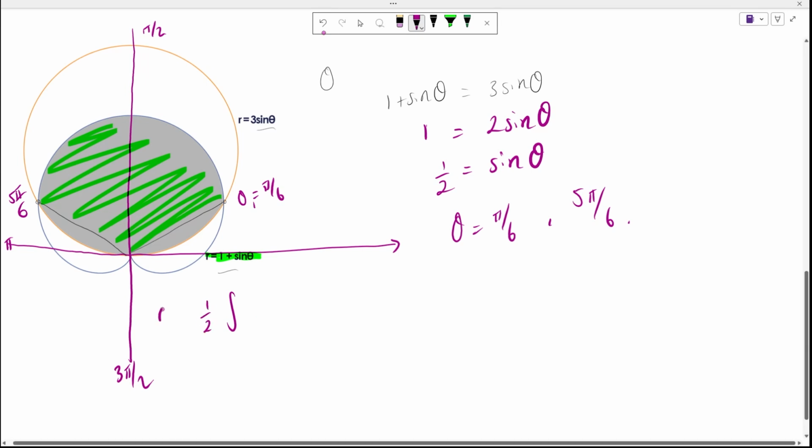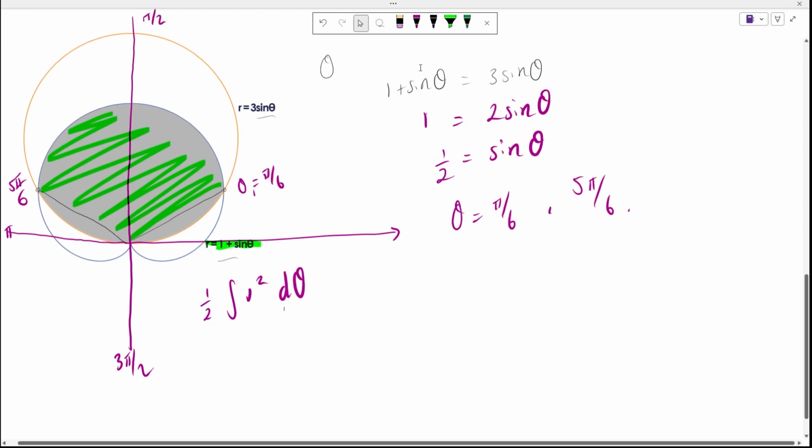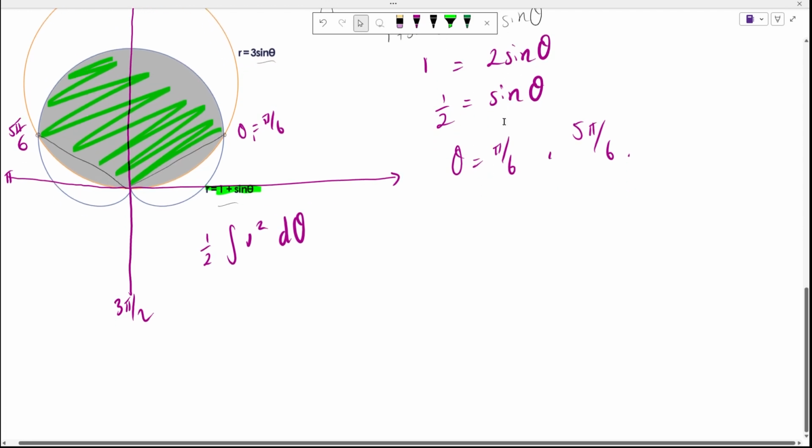The area is the integral of 1/2 r squared d theta. This is from your formula book in Edexcel, but this is the general formula for polar coordinates integration.